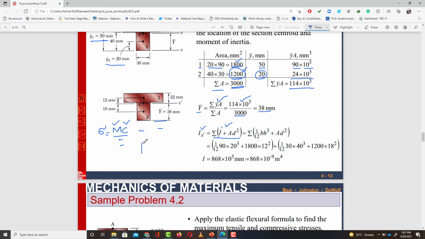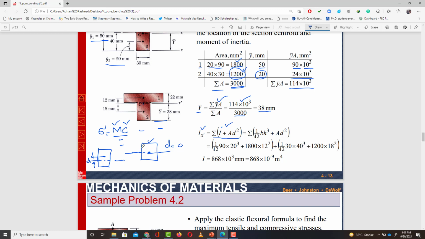For example, if this is the member and its neutral axis passes through its centre, so if your neutral axis is passing through the centroid, in this case d will become 0, so this term will be 0, as in a rectangular section. But if, for example, your centroid is here and your neutral axis is not passing through the centroid, in this case there will be a distance d.